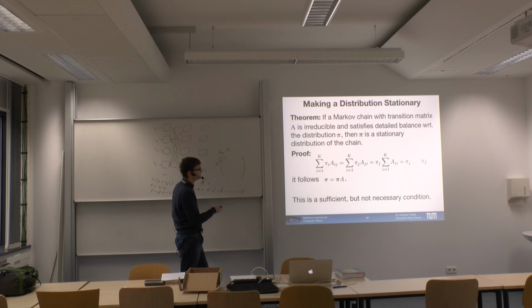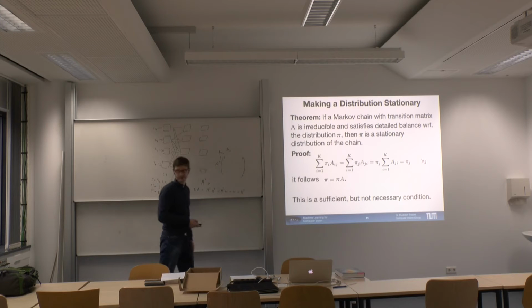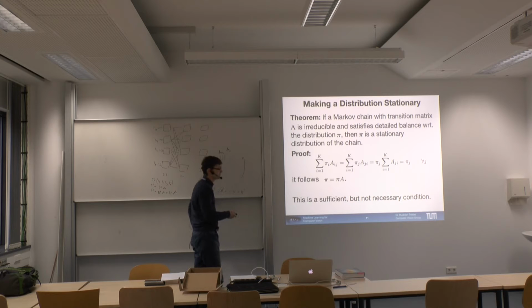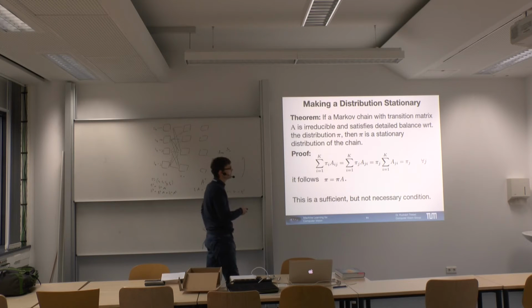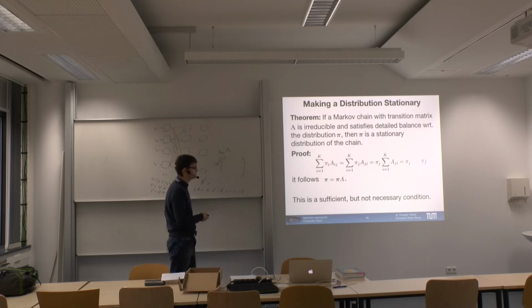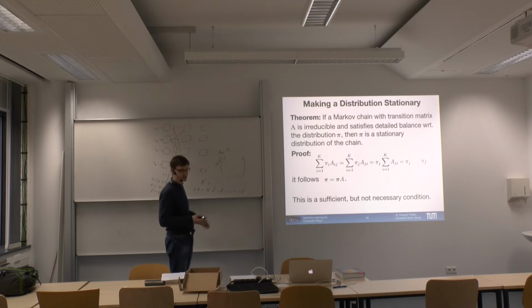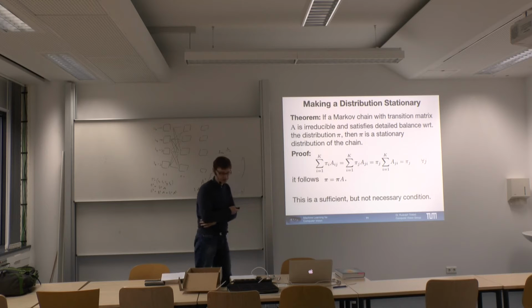That means, if this holds for A, then pi is stationary. This is a very simple proof. It's sufficient but not necessary. So there might be other cases where we have a stationary distribution, but for us it's sufficient. If we find an A that satisfies that, then we're happy, because then we say pi is stationary, and that's what we want.